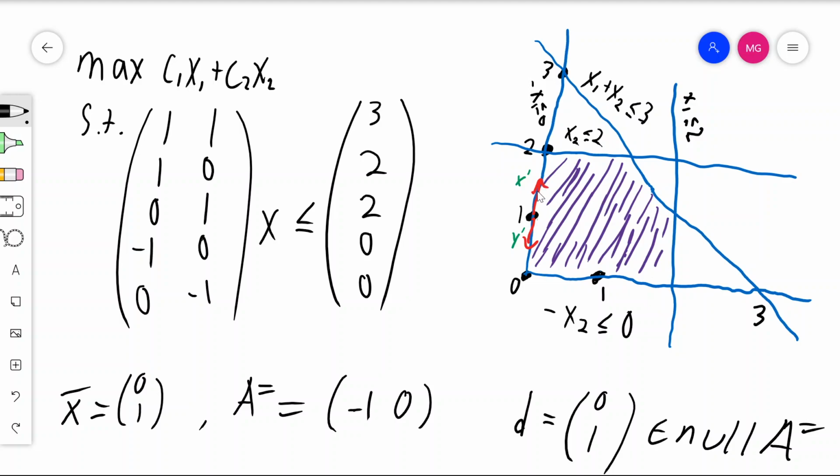So we can travel in a null space direction, and we just scale it by some sufficiently small epsilon. If you scale this vector d by a sufficiently small epsilon, and you perturb x bar up and down in the direction of this null space vector d, then this entire line segment will be contained in the polyhedron. Because of that, the point you started at will be strictly contained in that line segment given by x prime and y prime that you just created.